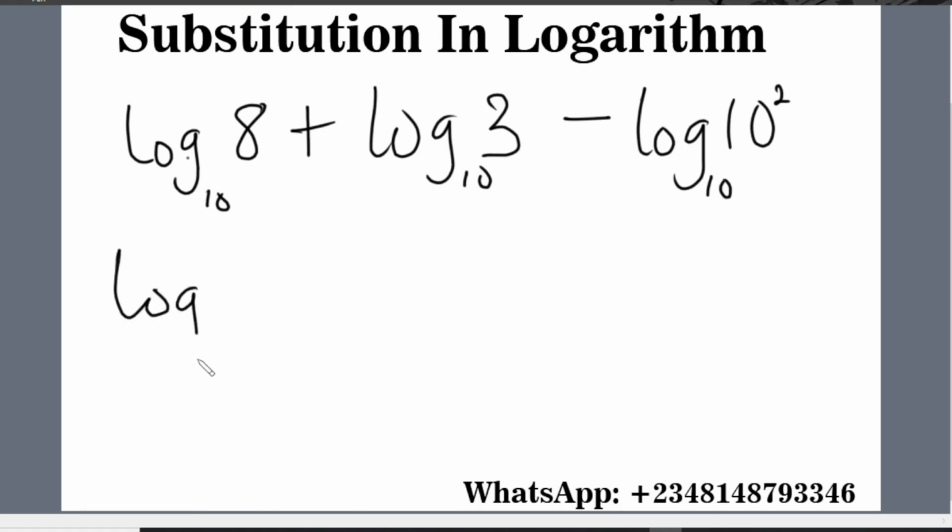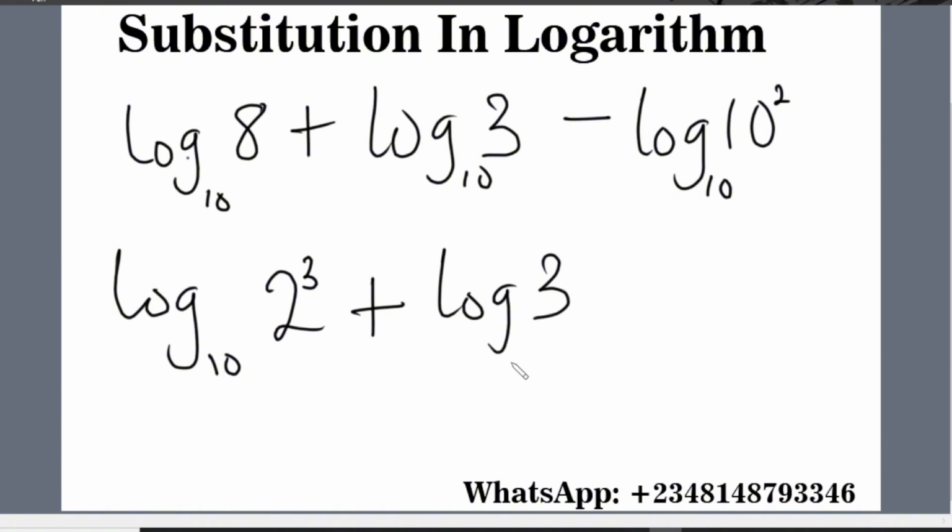Now, 8 is the same thing as 2 raised to power 3 to base 10 because 2 multiplied by itself 3 times gives you 8, plus log 3 to base 10 minus log 10 raised to power 2 to base 10.